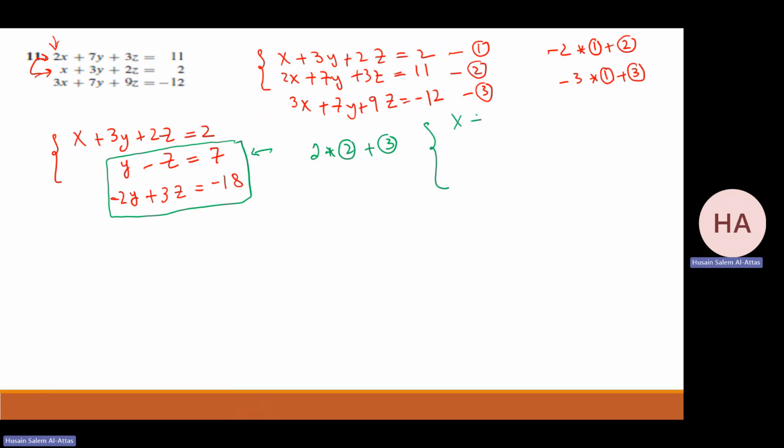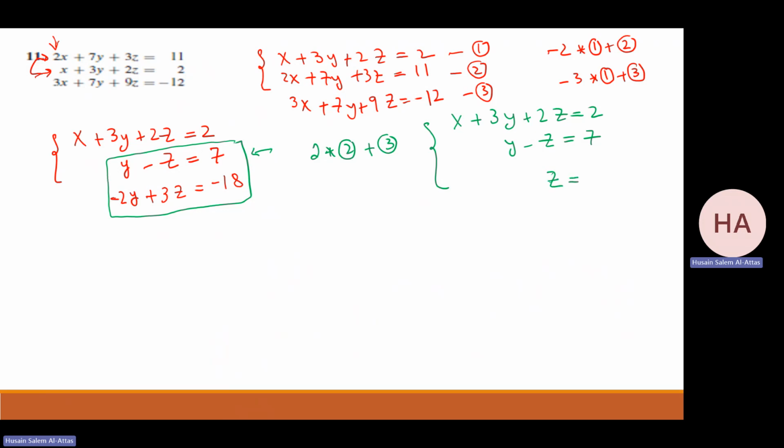The first equation will be the same. The second equation will be the same. The one that will change is the third one. Multiply by 2 and add: 2y minus 2y gone, that is 0. Minus 2z plus 3z, that will be z, equals.